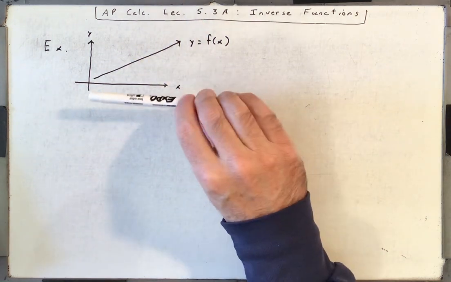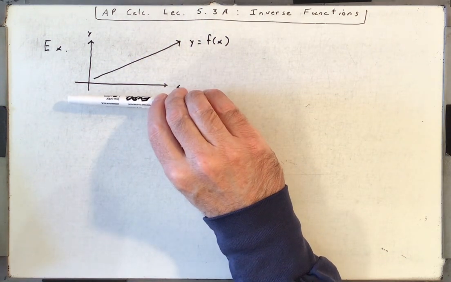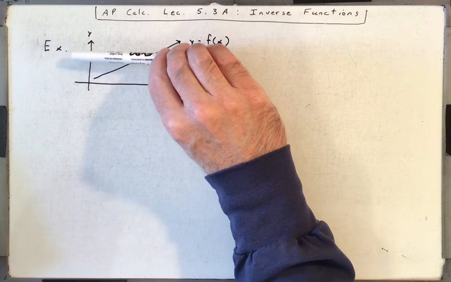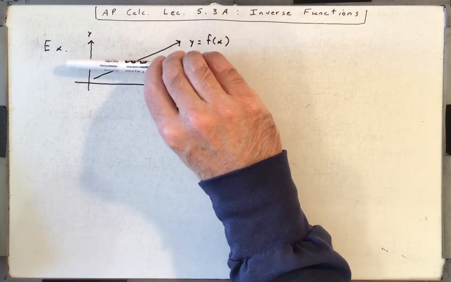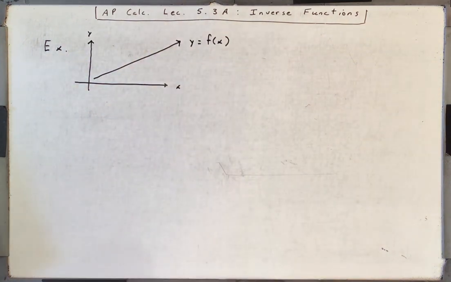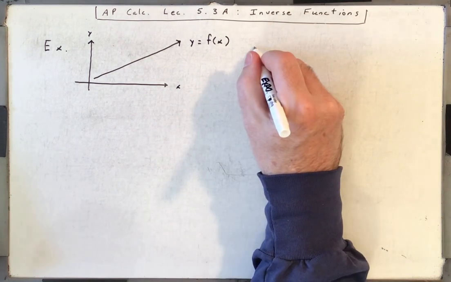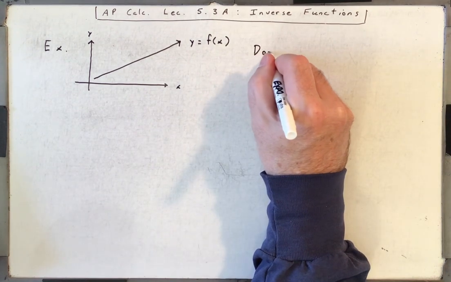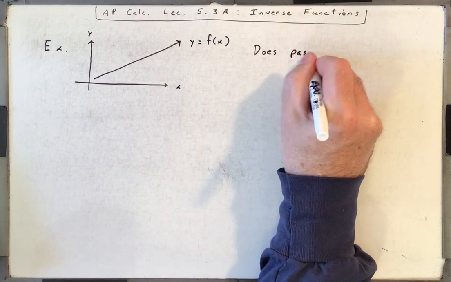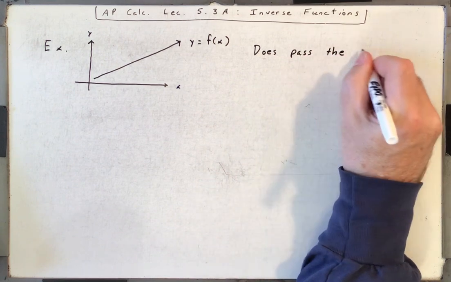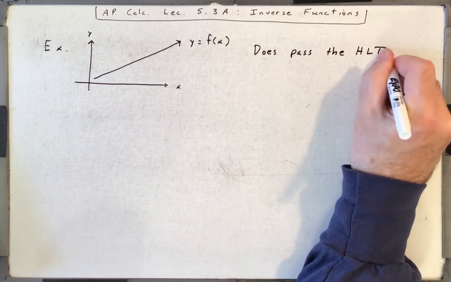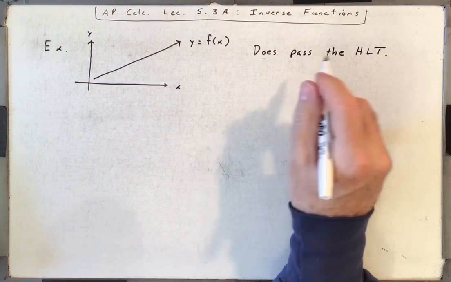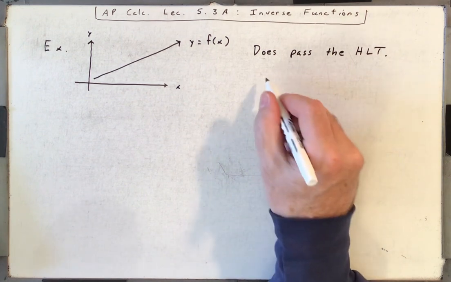I'm going to use my marker as a horizontal line. It can only pierce the curve in one spot to pass the horizontal line test. So indeed, it does pass, we'll call it the HLT, horizontal line test. So it does have an inverse.